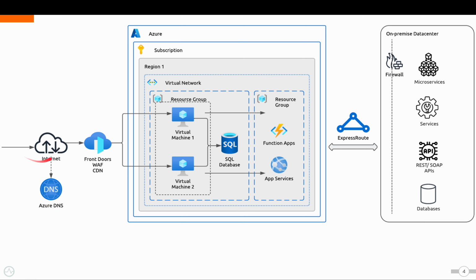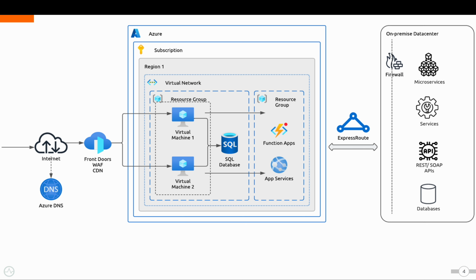So the consumers can use Azure DNS to resolve their names, and then come to the Front Door component, and the load will be balanced between these two virtual machines, and the web application firewall, WAF, will provide the necessary security, and then the request will be redirected to the backend services that are available in Azure itself.